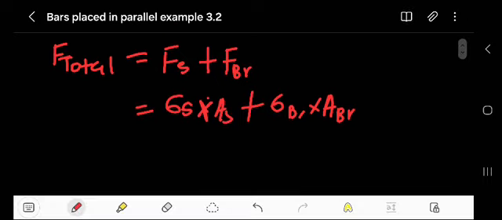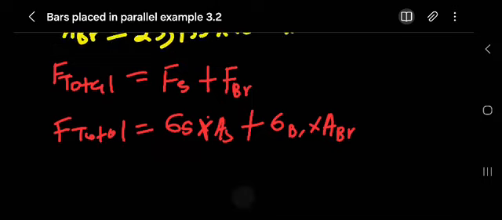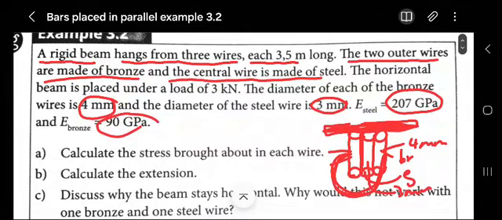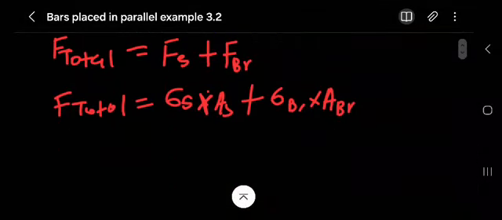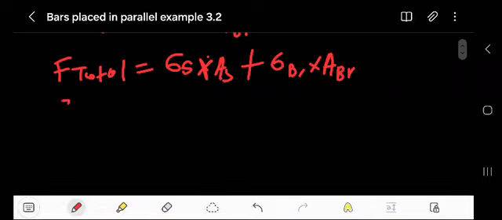Here we still have the total of the two. Are we given the total? Yes, the load is 3 kilonewton that we experience. So we have 3 kilonewton, which is the same as 3 times 10 to the power of 3, like that. Then we have an equal sign. We don't know the stress, but we know the area.